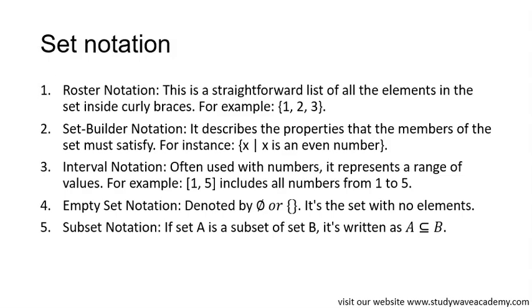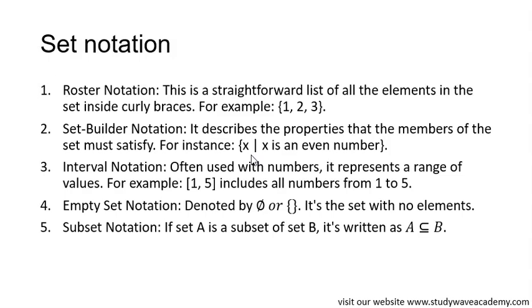Do you understand? Good. We also have set builder notation. It describes the properties that the members of the set must satisfy. For instance, {x such that x is an even number}. This is read as x such that x, or x where x is an even number.